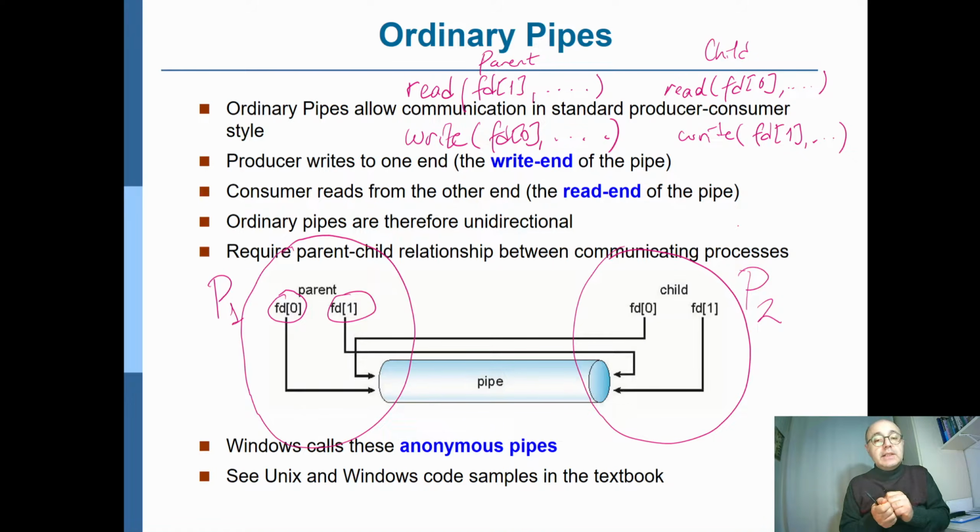Otherwise, the child process cannot know the parent's pipe file descriptors, and also it requires that the ordinary pipe is created before fork, because that's how you inherit it. Anything done after fork by the parent, of course, is not inherited by the child process.